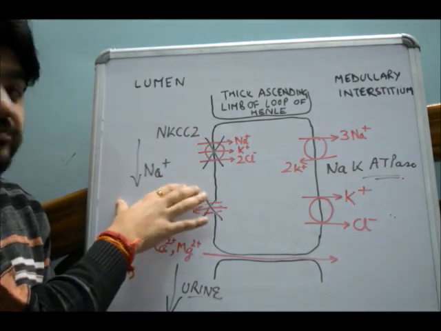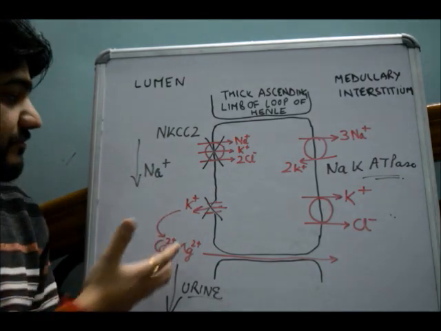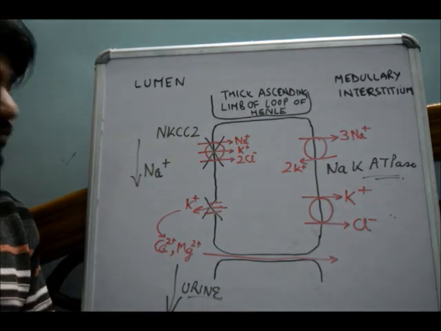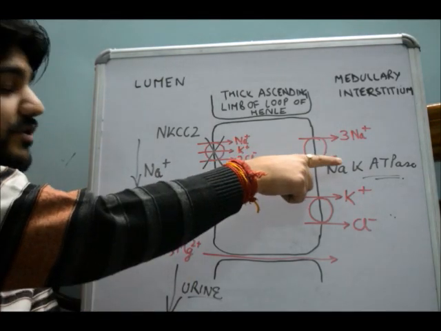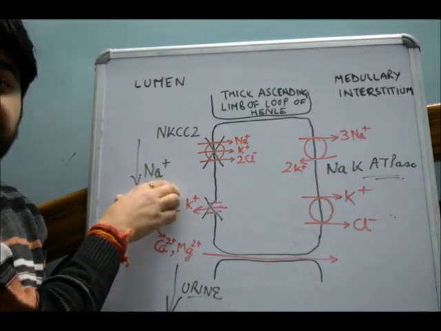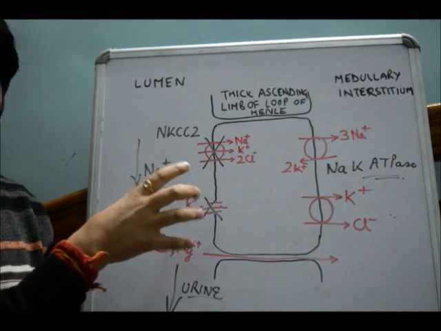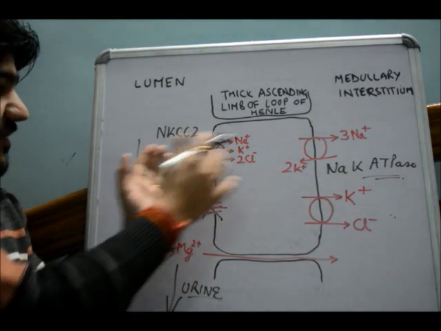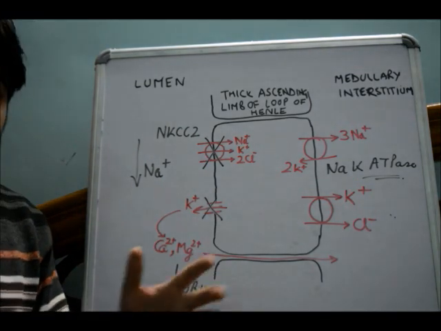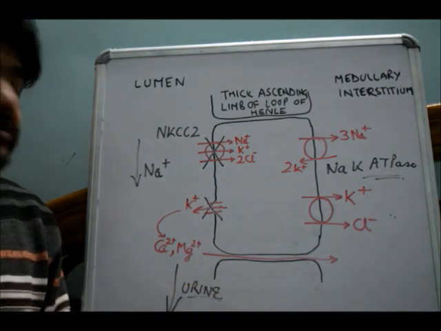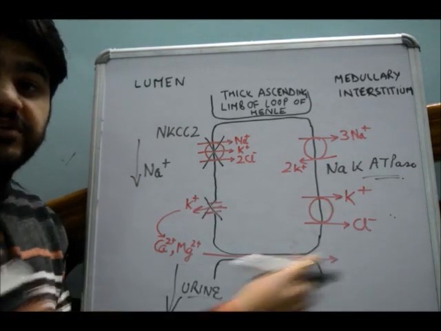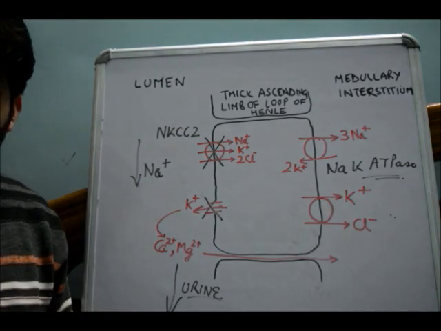So this will be diluted, and that's why we also call this the diluting segment. Now when you have given a diuretic, what will happen? These ions will not go into the tubular cells, they will also stay here. So the dilution of the urine will also be suppressed. So giving a loop diuretic will hamper both the diluting capacity as well as the concentrating capacity of the kidneys.